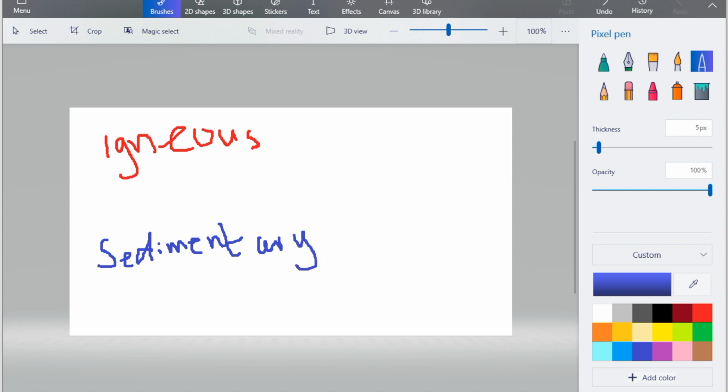Which of these rocks will be very hard? Well, this one is going to be hard. And which one is going to be soft? This one is going to be soft. What are the properties of igneous rocks? Can you remember?